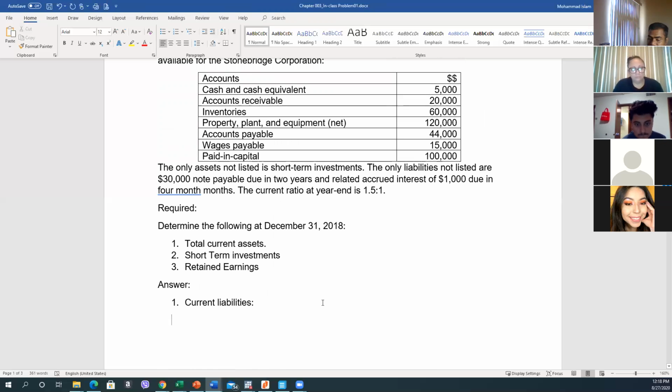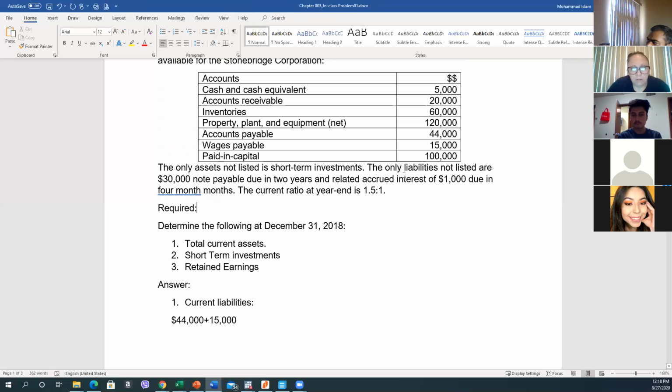So we have accounts payable 44,000 plus wages payable 15,000. Anything else we have? I don't think so. Anything here?